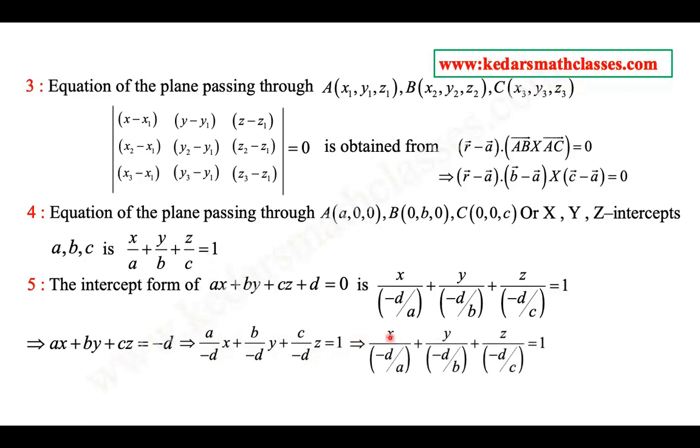This can be written as x by minus d by a plus y by minus d by b plus z by minus d by c is equal to 1. Means for this plane equation, if you convert this into intercept form, its intercepts are: x-intercept minus d by a, y-intercept minus d by b, z-intercept minus d by c. So these are the intercepts of x, y, z.